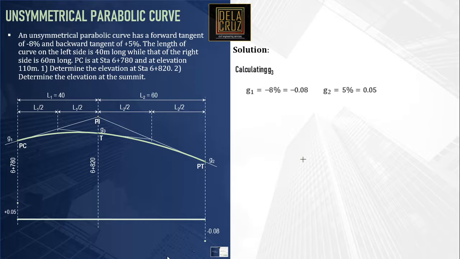We have here our G1, that is 5%. G2 is negative 8%.